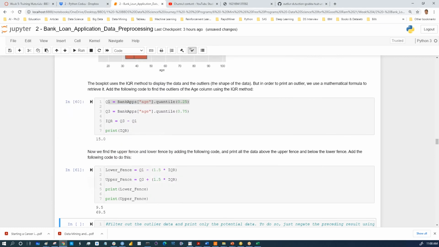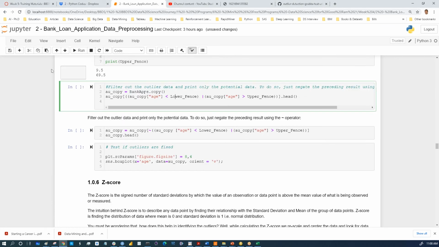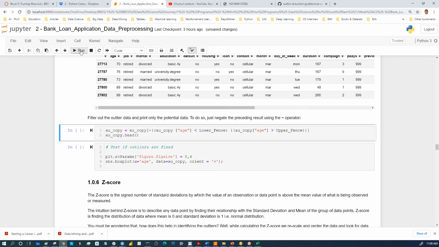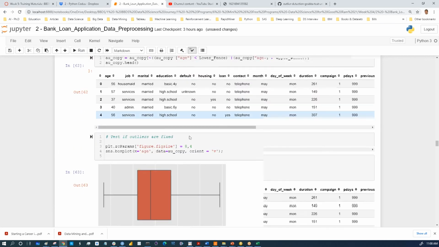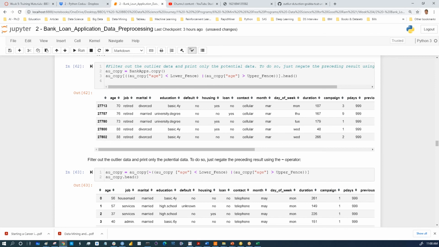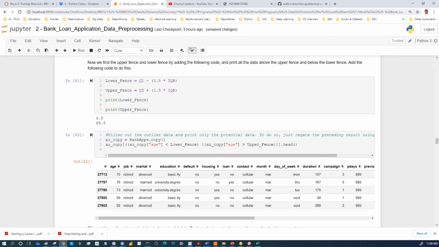So let's remove them. Simply remove them, and now we removed them. I removed anything that is above the 75% plus 1.5 multiplied by the IQR.